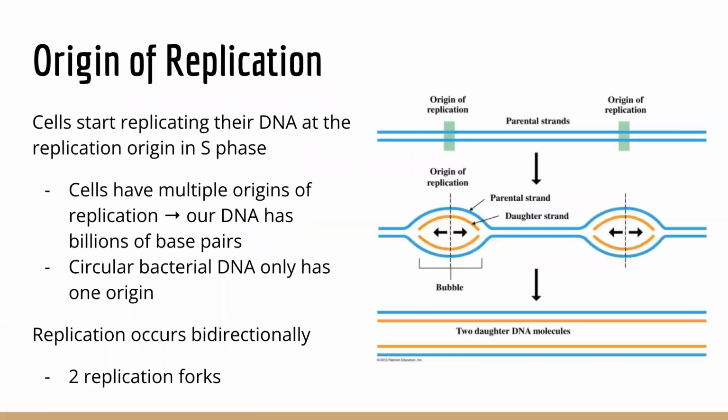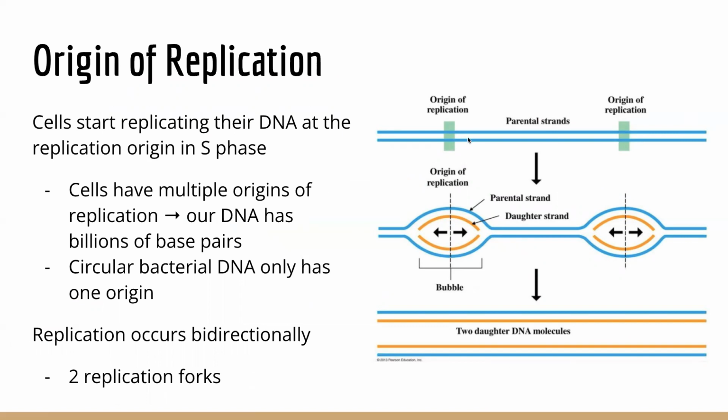So the origin of replication is places in the DNA where DNA replication is going to start. All along a particular chromosome, there's going to be a bunch of origins of replication.